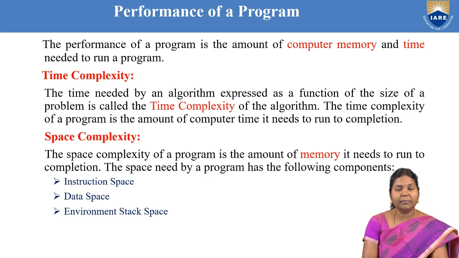The second type is that every algorithm has some variables or constants, and the data values used in the algorithm must be stored, so it requires some data space also. The third is that the algorithm may need some stack memory, so the environmental stack space is also required. When computing the memory space complexity, you have to add all these memory requirements together to compute the total space requirement for the algorithm.